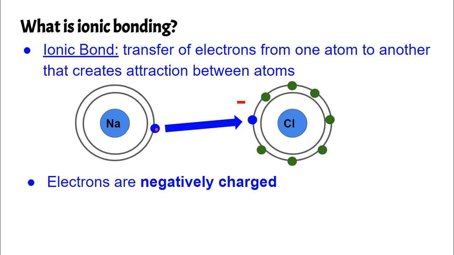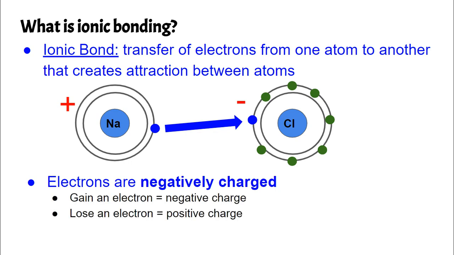Meanwhile, sodium lost a negative electron. So sodium is going to have an overall positive charge, right? If you lose something that's negative, you're going to have more positive. So if something gains an electron, it's going to have a negative charge. If it loses an electron, it's going to have a positive charge.